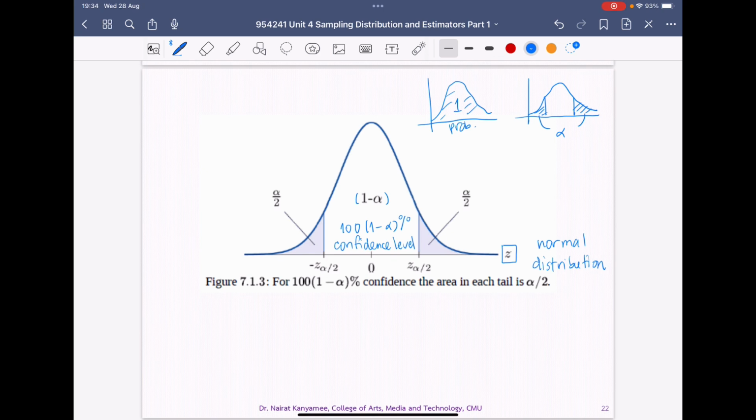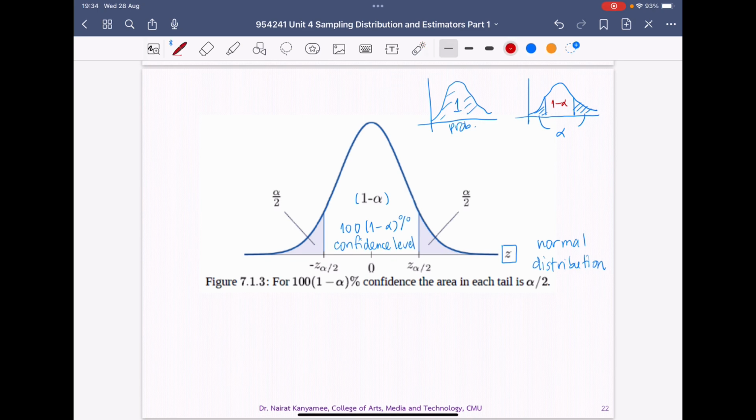If these two pieces are exactly the same size, then you split into half, and each one will be alpha over 2. The area will be alpha over 2.